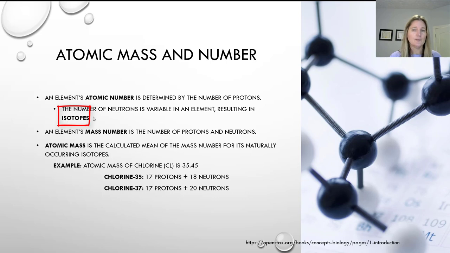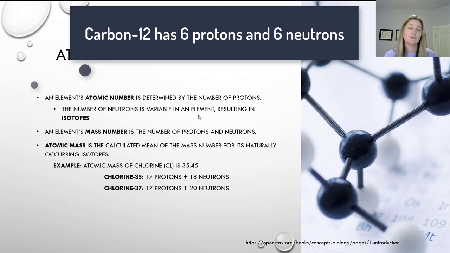So an isotope comes from the number of neutrons being variable within an element. So for example, we might have carbon 12, which has 6 protons and 6 neutrons. And so it has a mass number of 12.